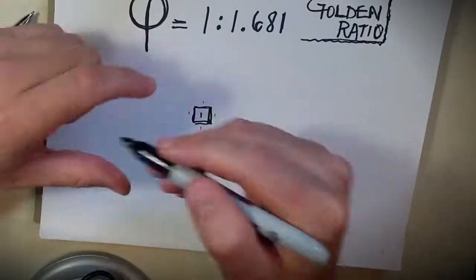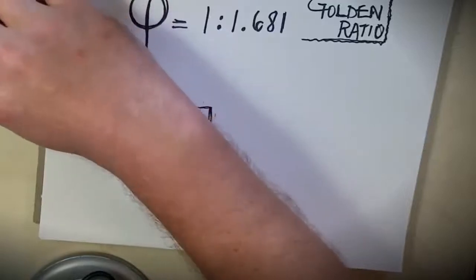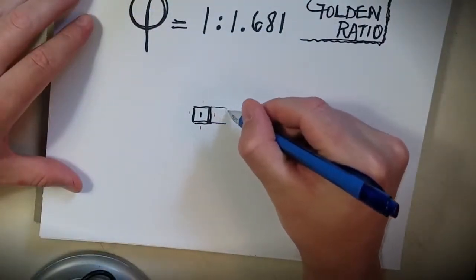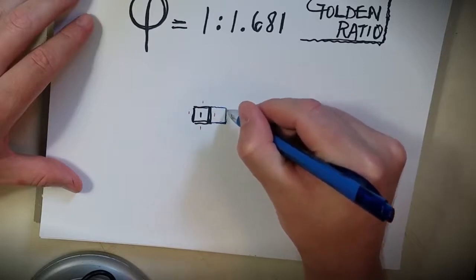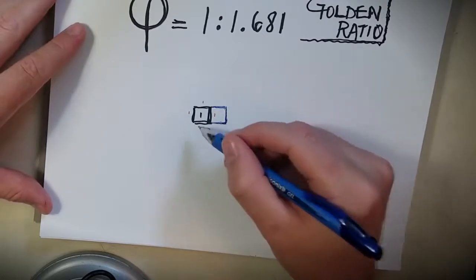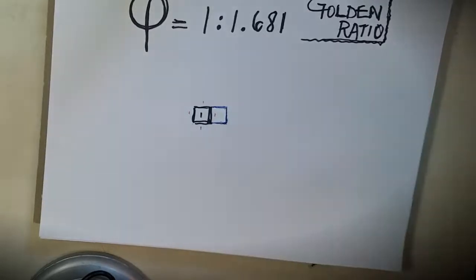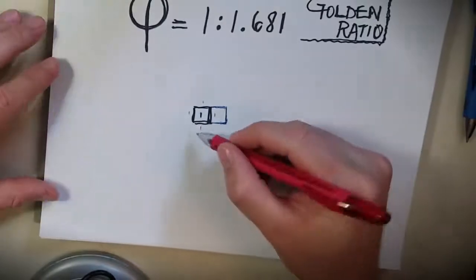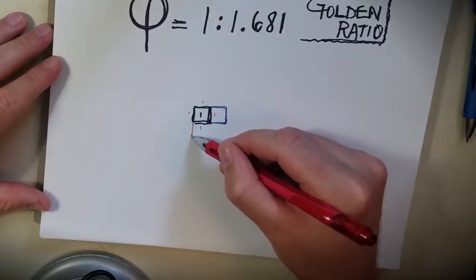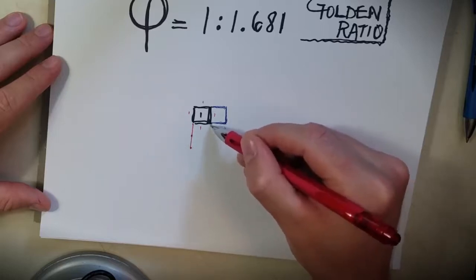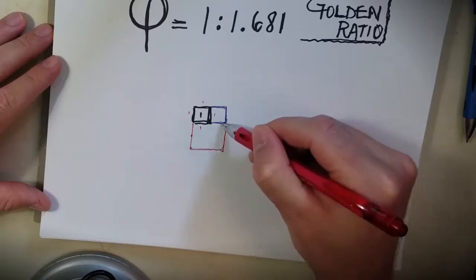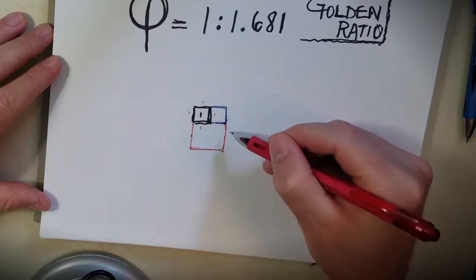And if we continue this pattern, let's continue it with blue. So I'm going to draw another square with sides of length 1 unit. And then here, I'm going to draw a square underneath this with a side length of 2 units. So there, that's roughly 2 units.